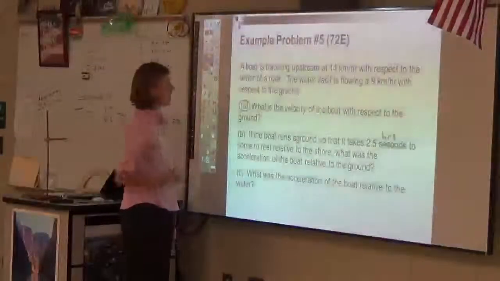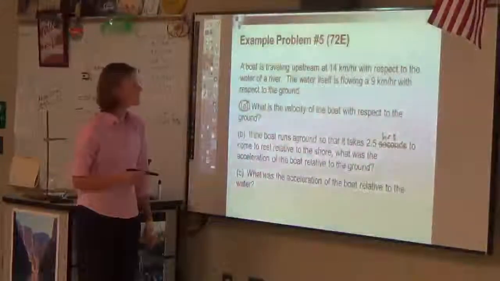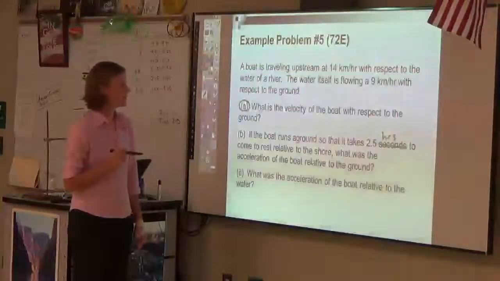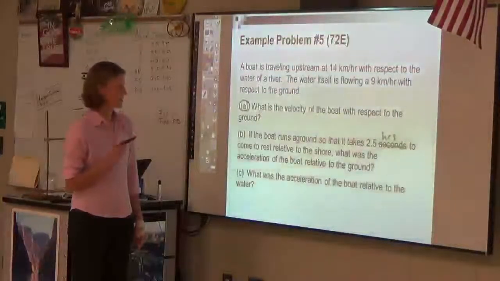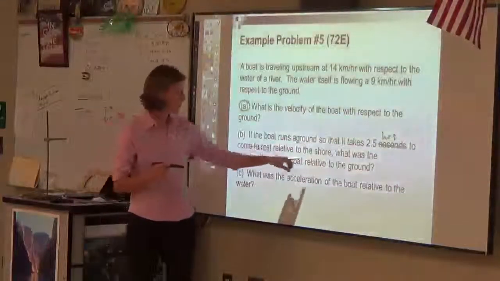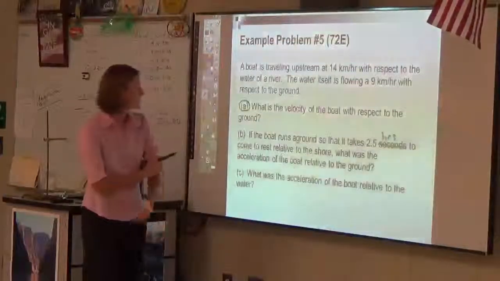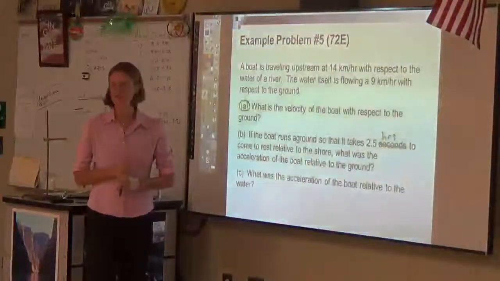All right. What was the other part of that? If the boat runs aground, so that it takes 2.5, okay, that doesn't make sense, but 2.5 hours to come to rest relative to the shore, so relative to the ground, what was the acceleration of the boat relative to the ground?